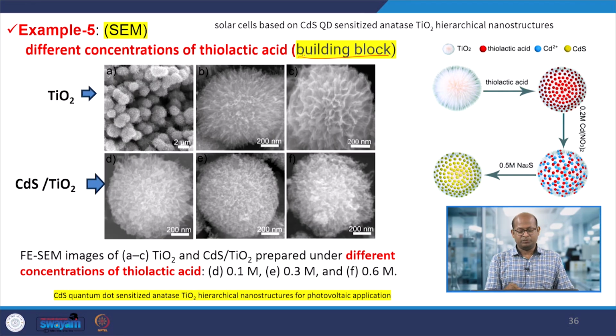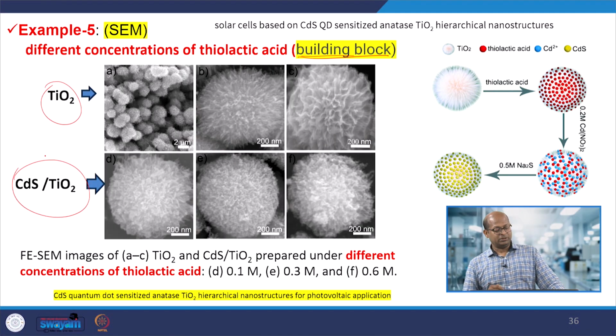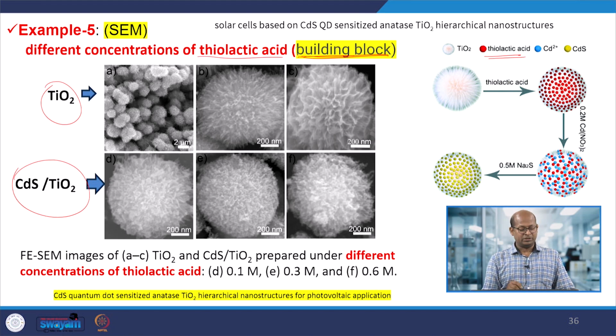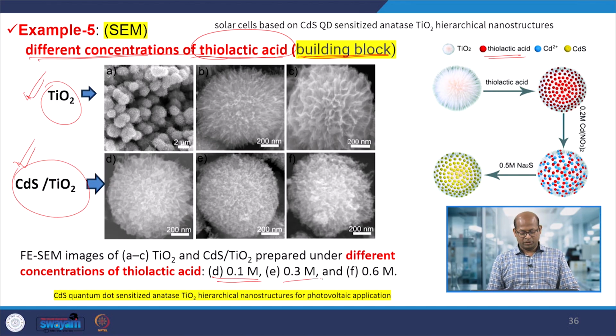Here also some TiO2 was used, and here CdS TiO2, a material prepared using thiolactic acid, which is the building block element used to prepare these materials. Its concentration was varied: 0.1, 0.3 and 0.6 molar of thiolactic acid were used.